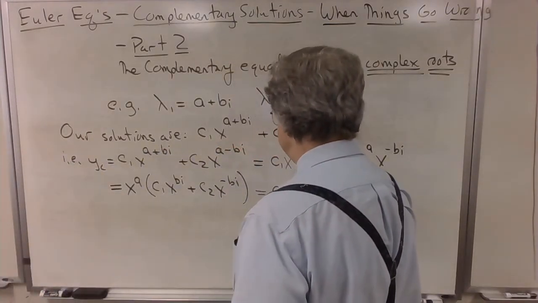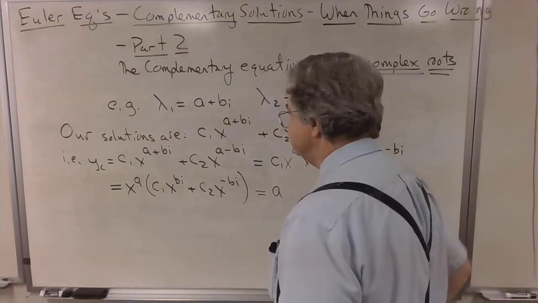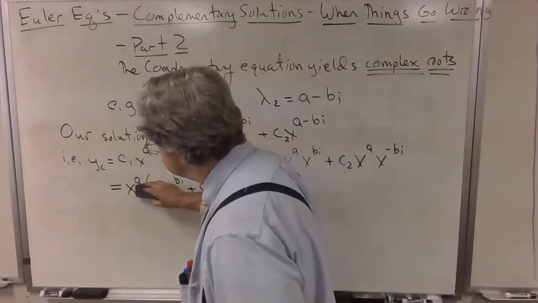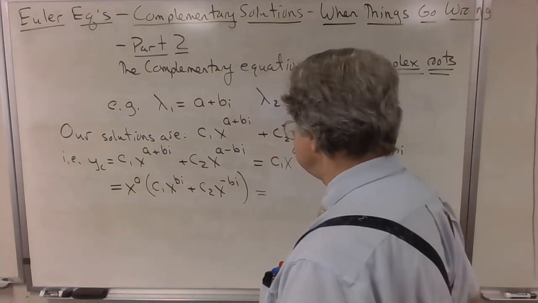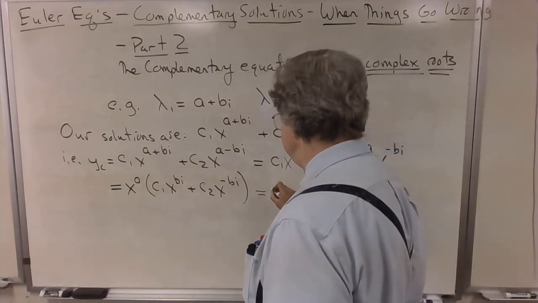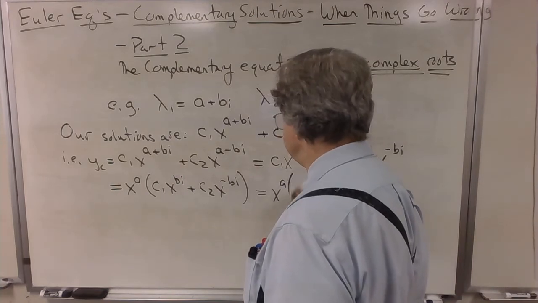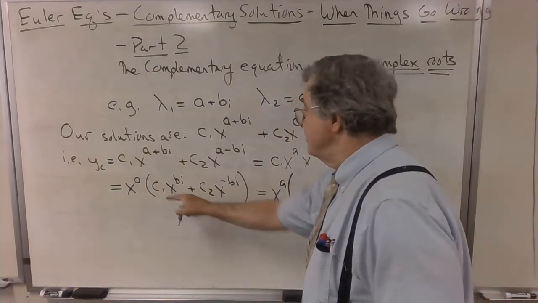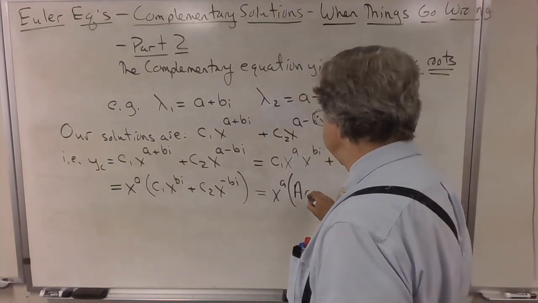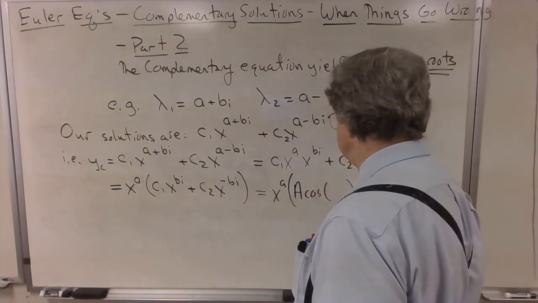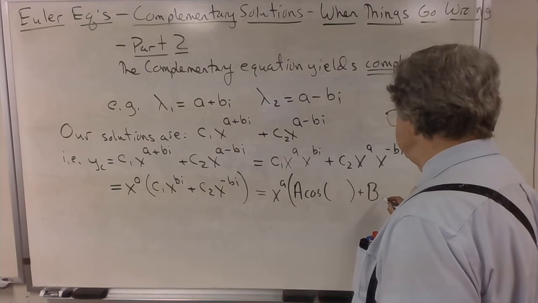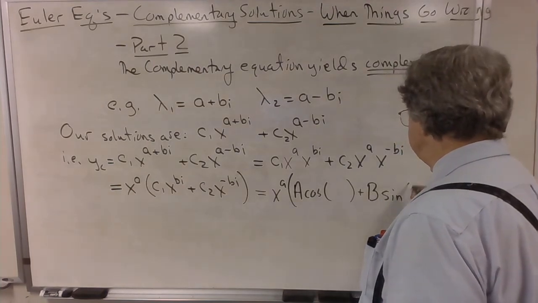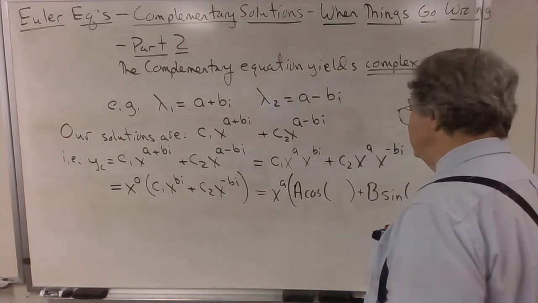We get x to the a, some constant times cosine plus some constant b times sine of something.